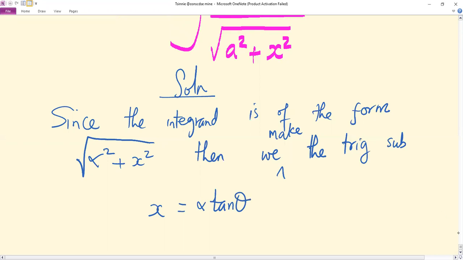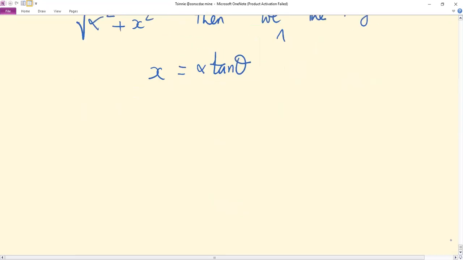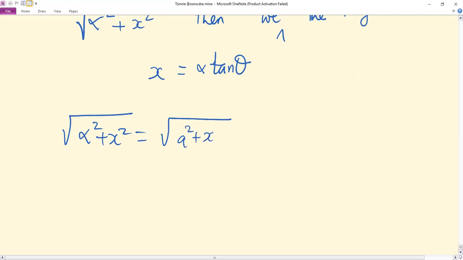Now, in our case, we relate the square root of alpha squared plus x squared to the square root of a squared plus x squared. It should be obvious that alpha is a.